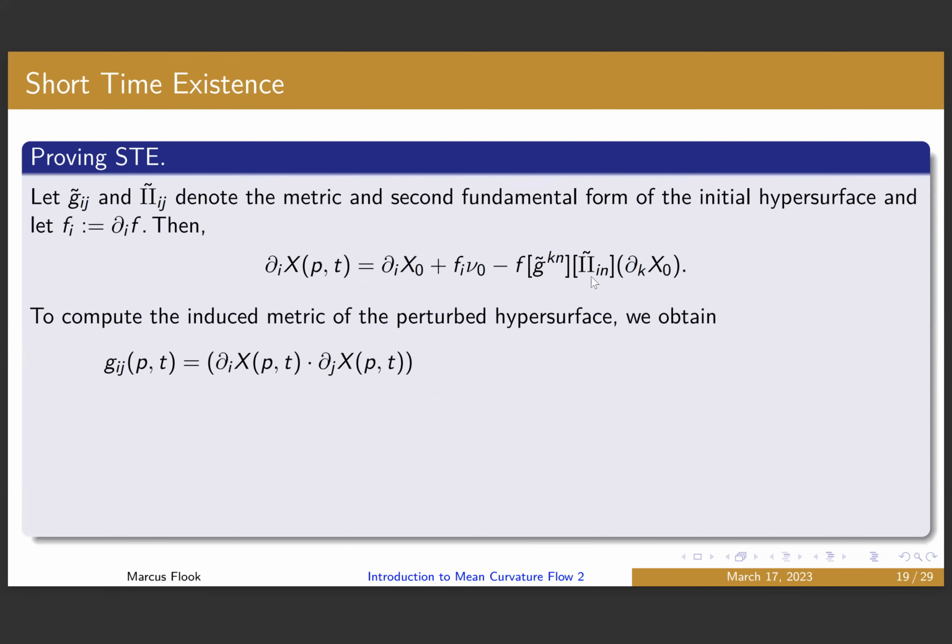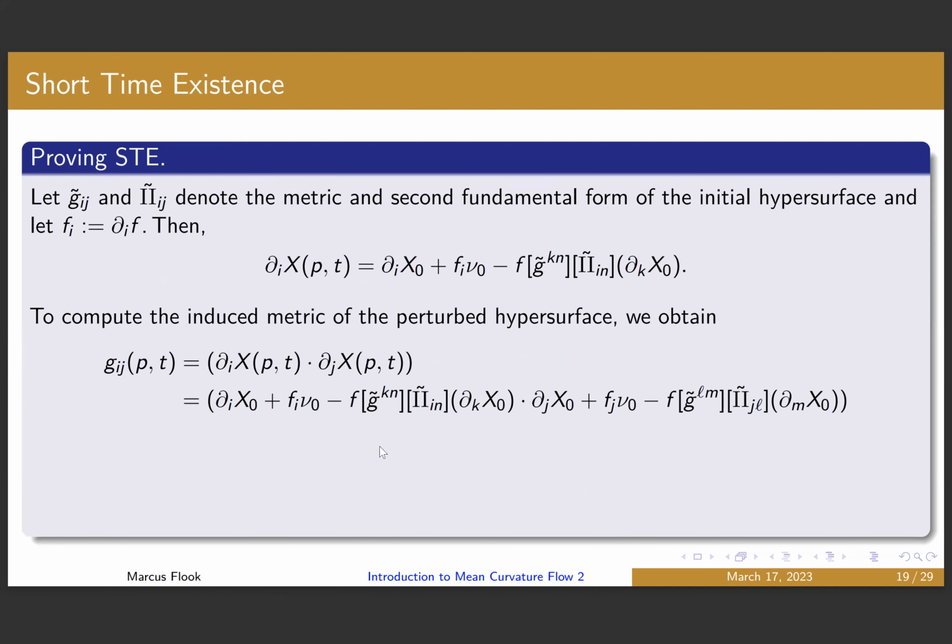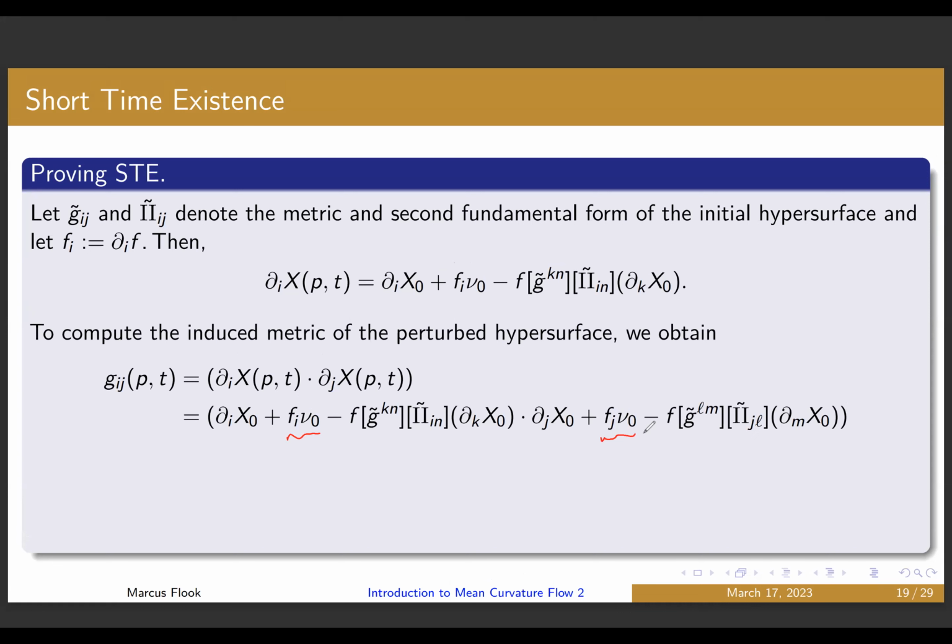So this is just what we computed last time. We want to obtain what this is. So first thing that we should point out, we get this nasty expression. I might try and use the annotation. First thing that we can simplify is that only these terms are going to be normal with respect to the initial hypersurface.